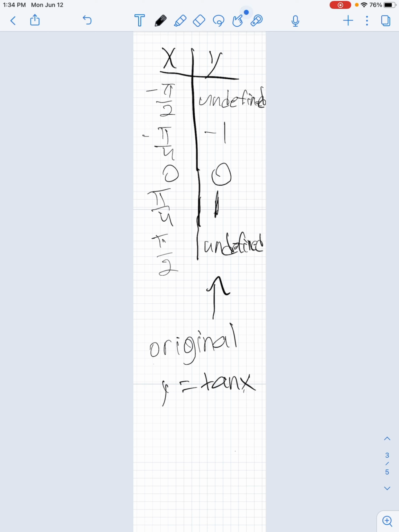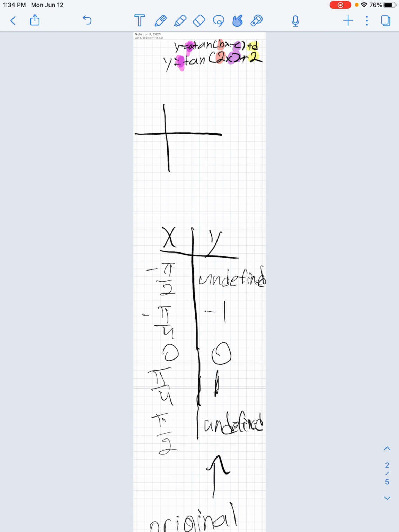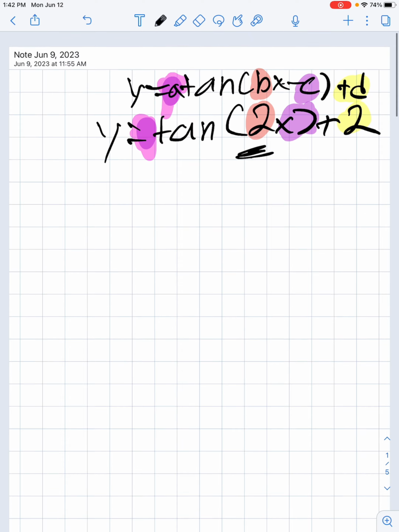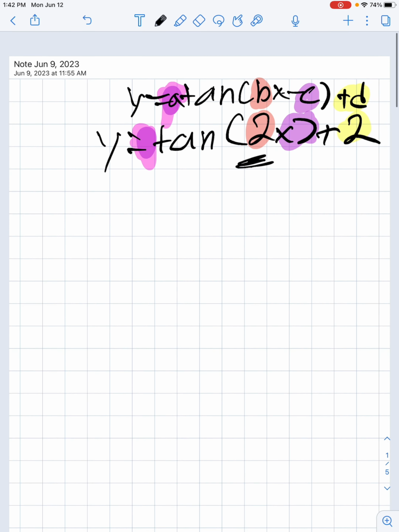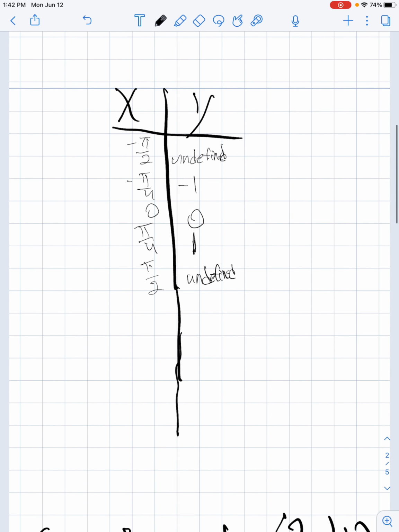But what we need to look at is how it changed through the new equation, which is y equals tan 2x plus 2. And with that, we are going to multiply by the inverse of b towards the x, and the inverse of b would be 1/2, so times 1/2 for each one.